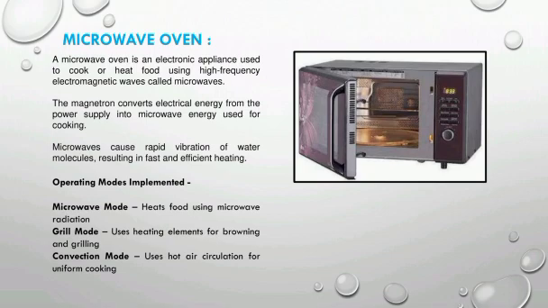This molecular vibration produces heat, resulting in efficient and fast cooking. Microwave ovens operate in different modes such as microwave mode for heating, grill mode for browning, and convection mode for uniform cooking. The entire operation is controlled by an embedded control system for precision and safety.